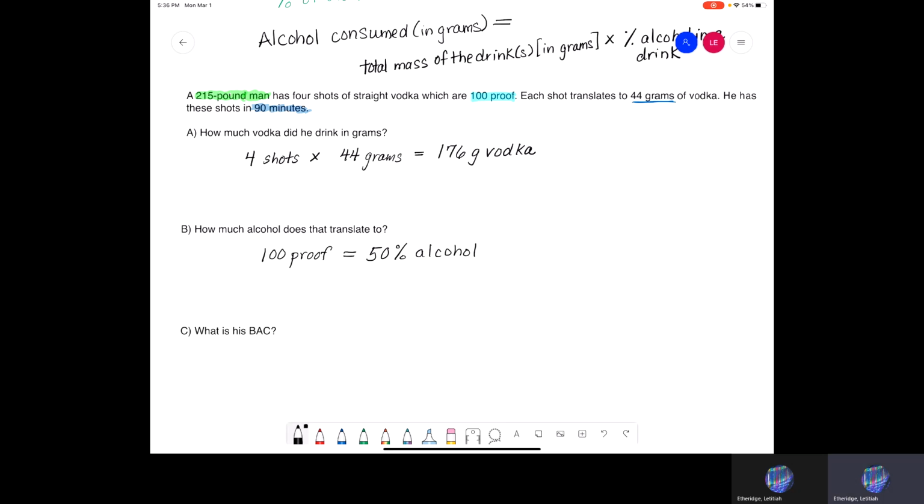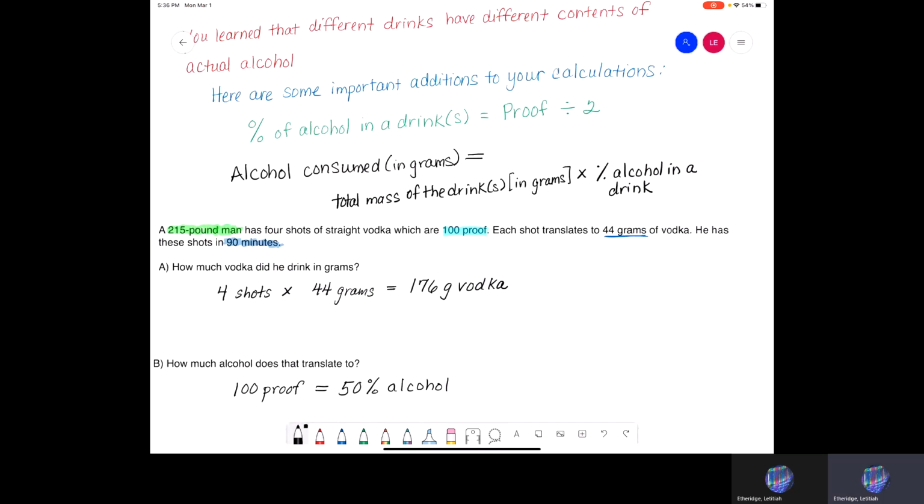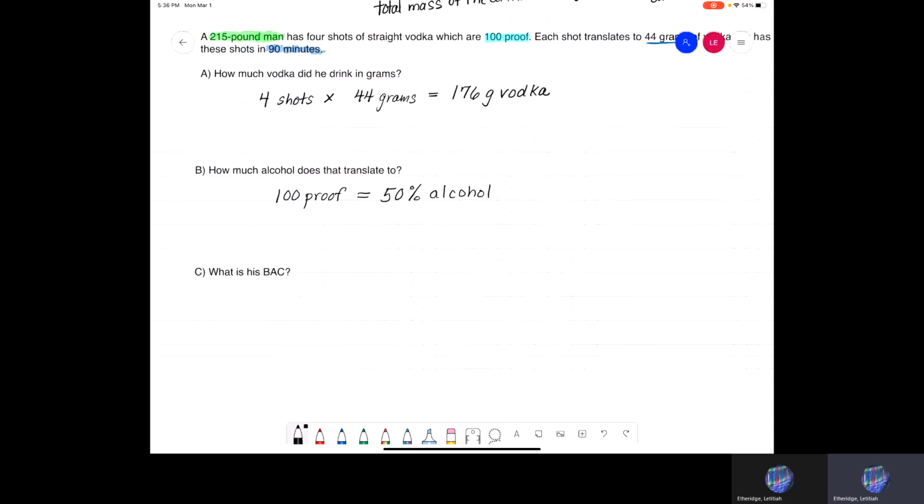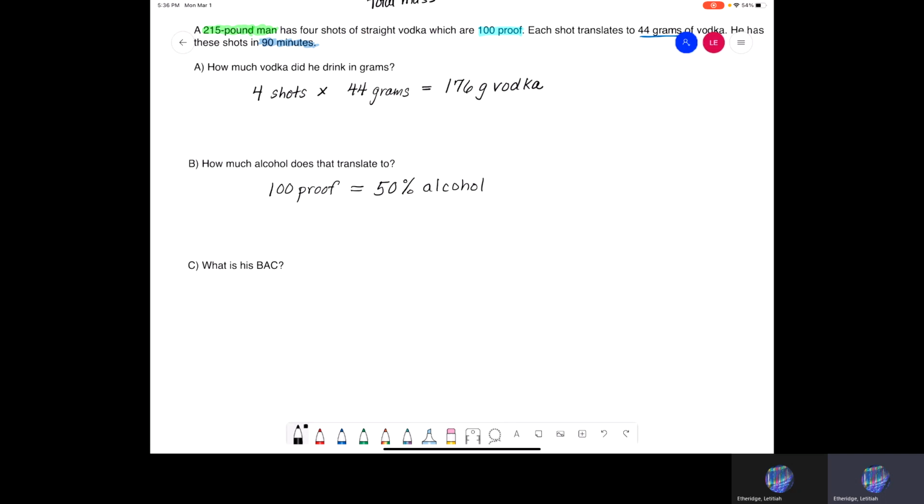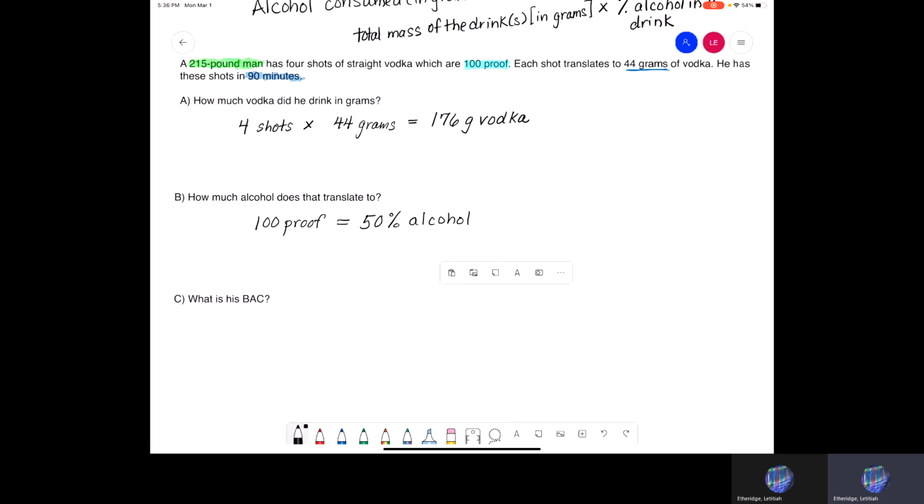Now if we go back up to what you saw on the top of your sheet, to find the percent alcohol in a drink, you take your proof and divide it by 2. We took the 100, divided by 2, and ended up with 50. That's how we got that it was 50% alcohol.